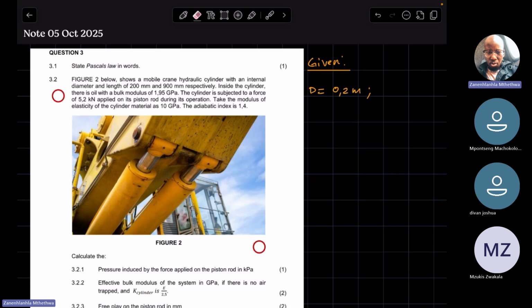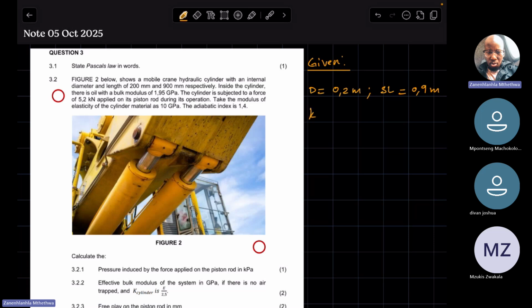The length, we can call this the stroke length, seeing that you're looking at a piston stroke length, which is 0.9 meters. Inside the cylinder, there is oil with a bulk modulus.